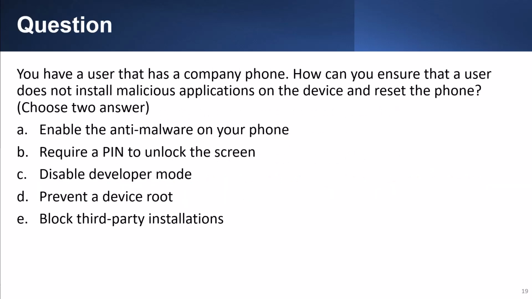Question: you have a user that has a company phone. How can you ensure that the user does not install malicious applications on the device and reset the phone? Choose two answers. Answer: prevent a device root and block third-party installations.